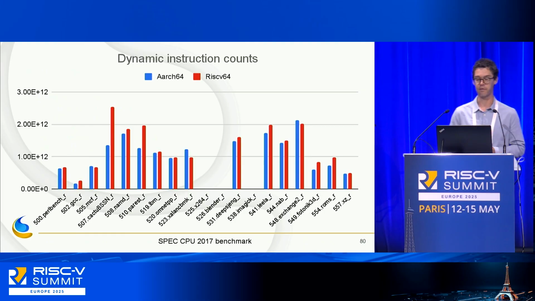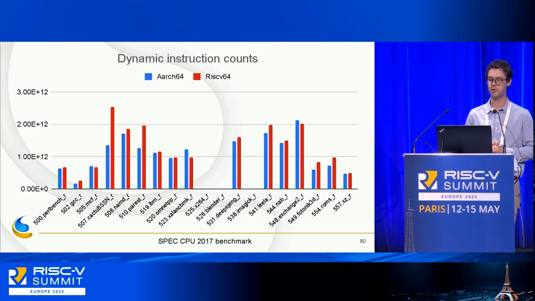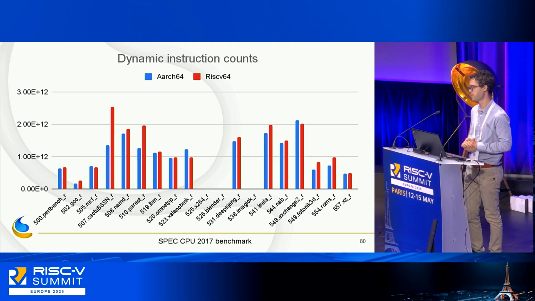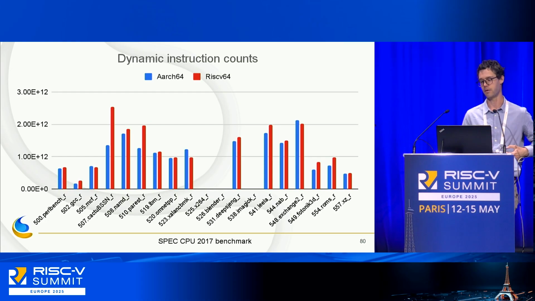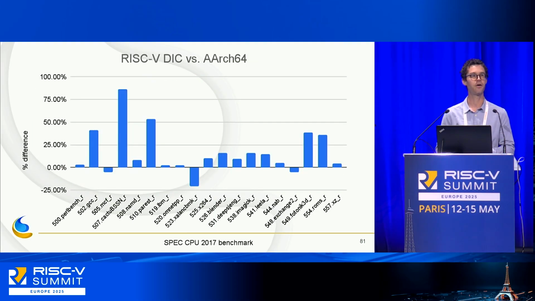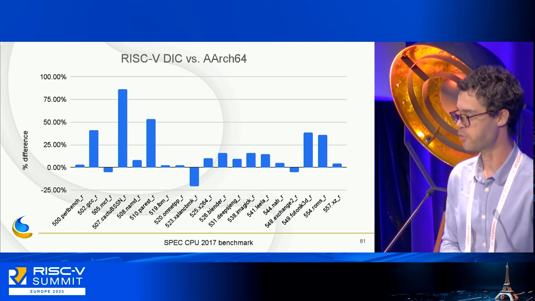So I've got two bar charts showing the same data but with two slightly different views. This one is showing the absolute numbers in terms of dynamic instruction count. In blue you've got the DIC for ARM and in red for RISC-V. So here smaller bars are better. You can tell that for most benchmarks ARM achieves a better, so lower, dynamic instruction count.